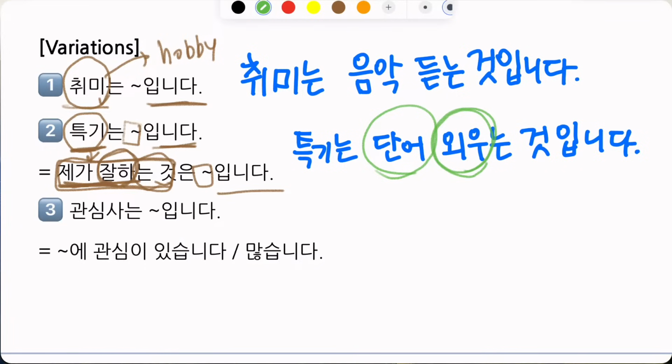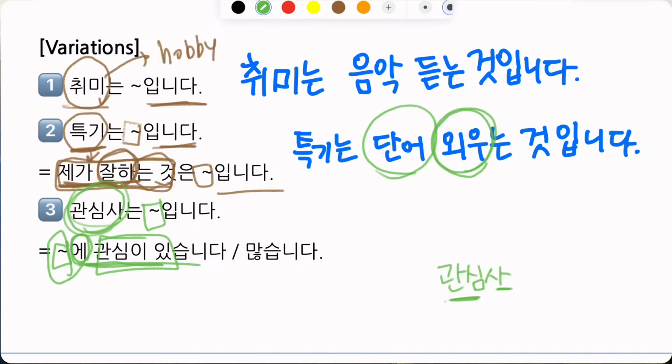그 다음에 alright. 그리고 the third alternative is saying 관심사. 관심사 means your field of interest. So 제 관심사는 blank입니다. Or you could also say blank에 관심이 있습니다. I have 관심, interest. So I'm interested in something.